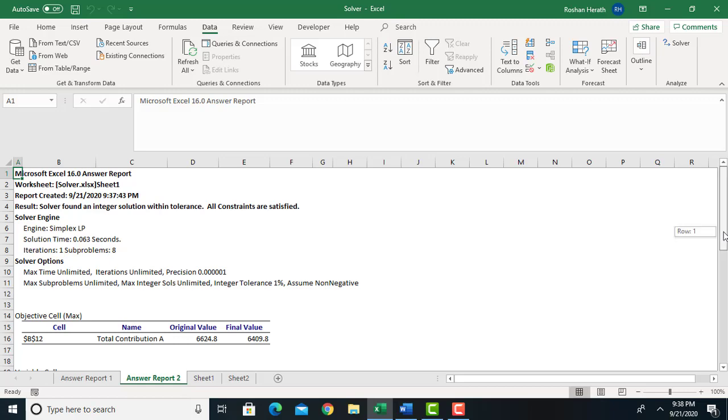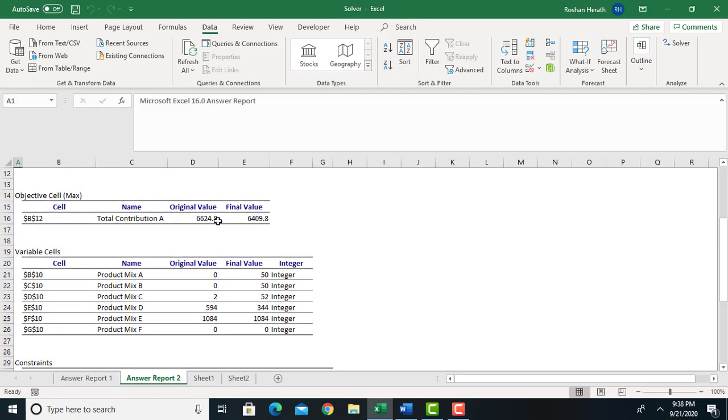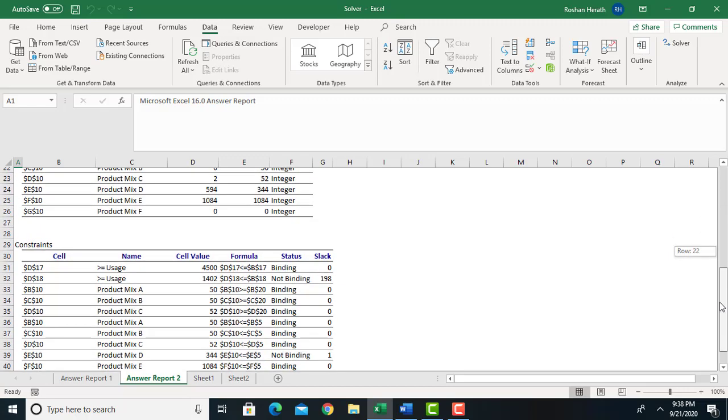You can see the original situation was this 6,624, but now you have 6,409.8. That is the total contribution, and also you are changing variables. Values were these original values, and before this constraint being added, this was the value, but after the constraint being added, this is the final values.